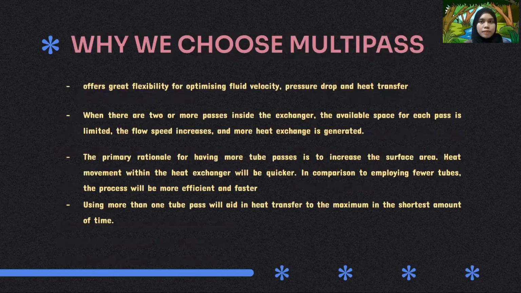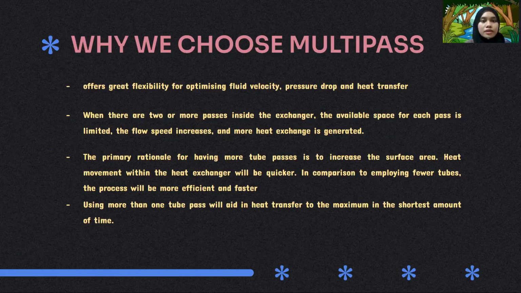So why do we choose multipass instead of double pipe? This is because a multipass tube offers great flexibility for optimizing fluid velocity, pressure drop, and heat transfer. When there are two or more passes inside the exchanger, the available space for each pass is limited, so the flow speed increases and more heat exchange is generated.